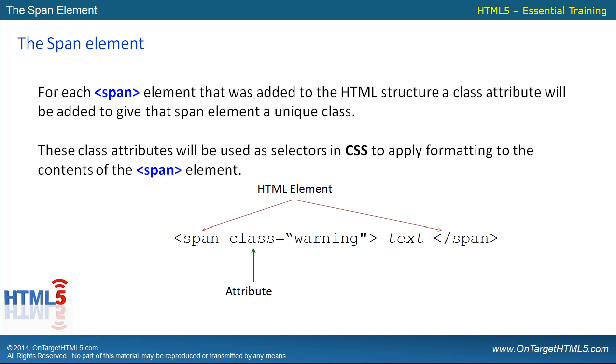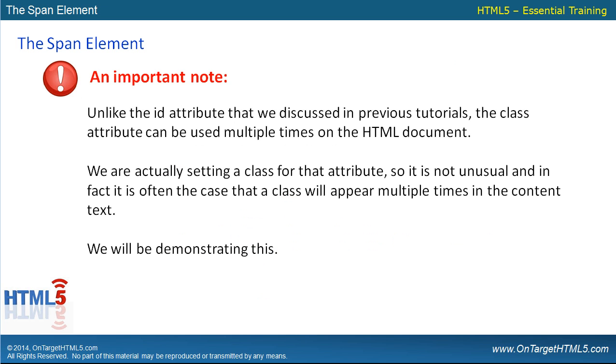It's very similar to what you saw that we had done with the div tags in a previous tutorial. We're actually going to assign a class to the span element, just as you see here at the bottom of the screen. We're going to give that class a name, and that's going to allow us to target the text that's in between those span tags for particular formatting. And that's what we'll be doing in these demonstrations.